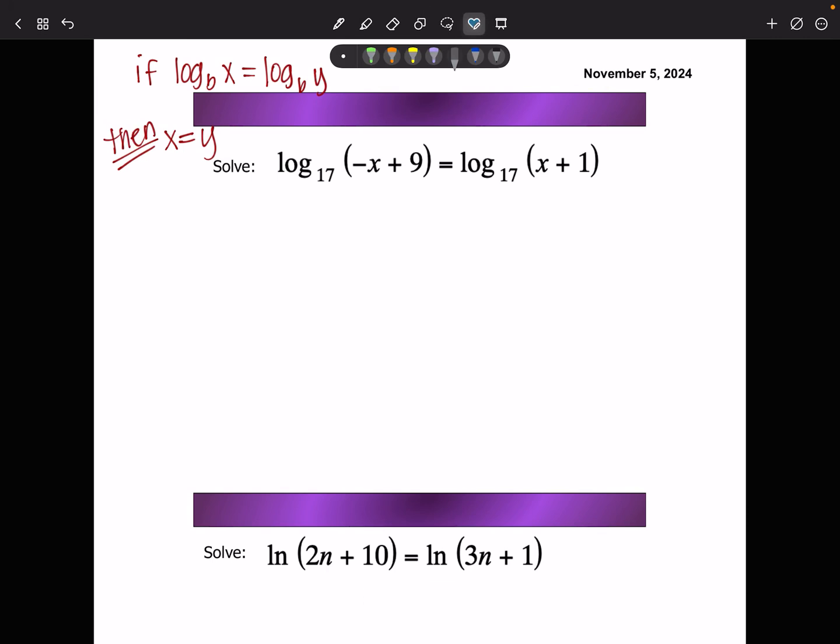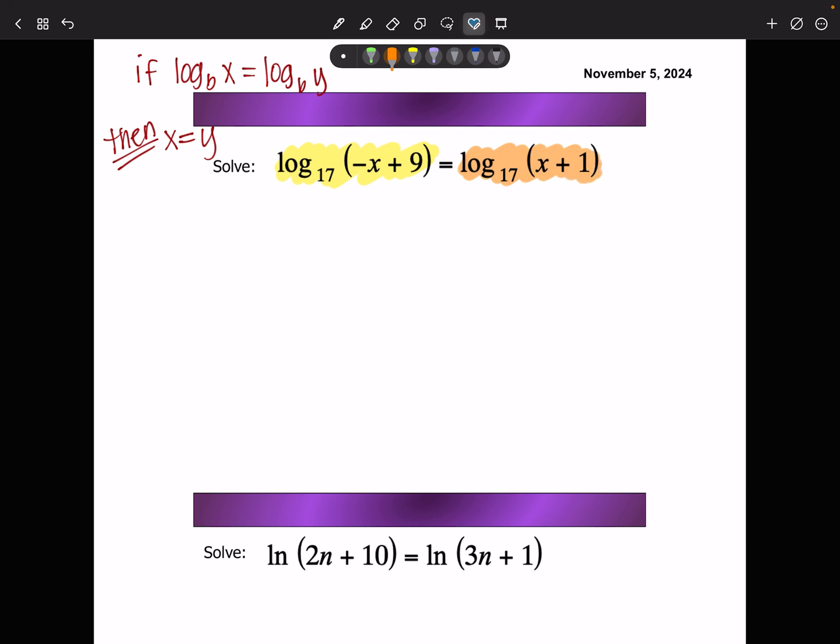Okay, here we have equations with logarithms, and in these next few videos, they're going to be simple log equations. We've got a logarithm base 17 is equal to another logarithm base 17.